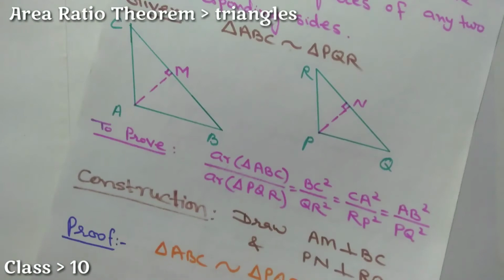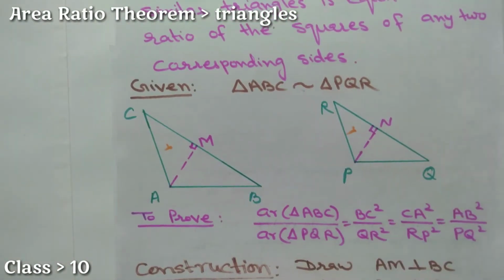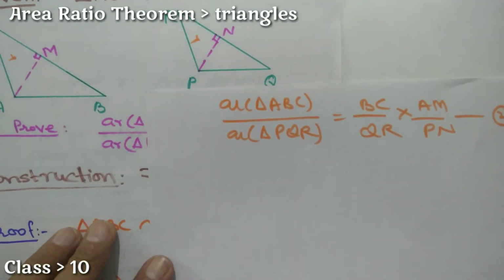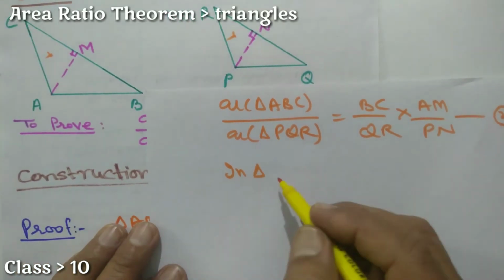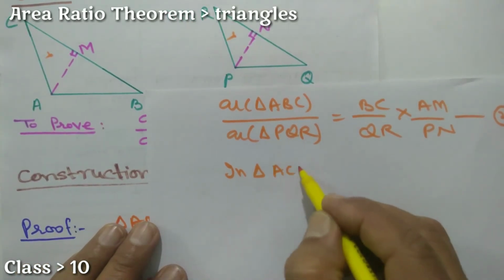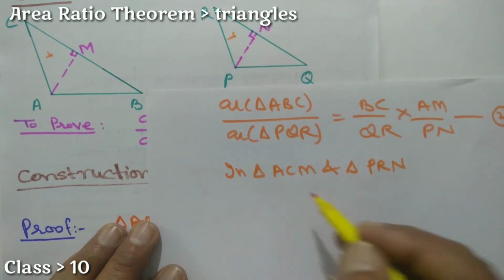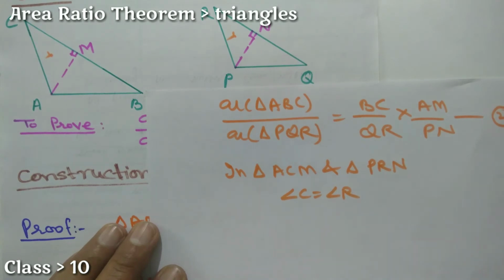I take these two triangles, ACM and PRN. Keeping this in mind, in triangle ACM and triangle PRN, you know that angle C is equal to angle R. The reason is that both of the triangles were given to be similar, and similar triangles have equal angles.